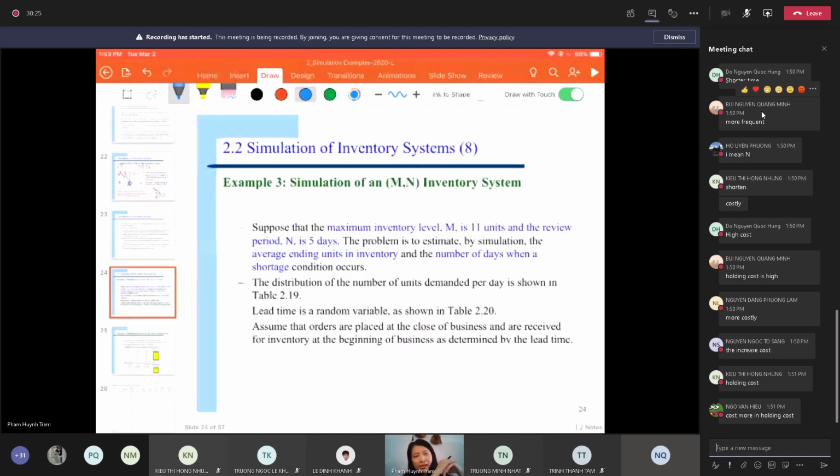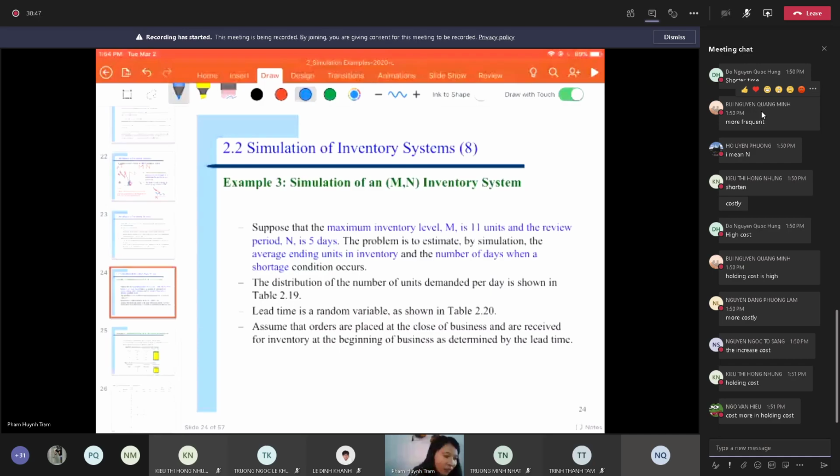Now, as I told you previously, simulation doesn't give us an answer, so we have to test the solution ourselves. In this example, the simulation doesn't give us the optimum M and N we should follow, but we have to try.